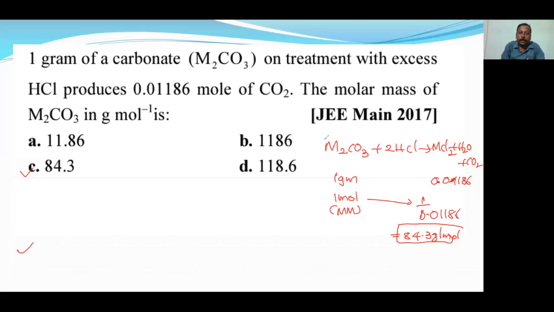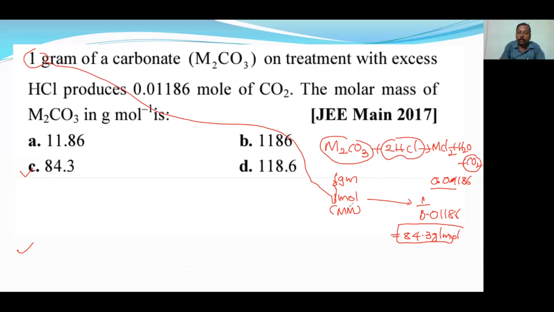Okay, here is a detailed solution. When you balance it, you have to balance with 2HCl. The moles of CO2 produced is only 1 mole. So M2CO3 produces CO2, and it is given as 1 gram. Given as how many grams? 1 gram. So 1 gram gives 0.01186 moles.